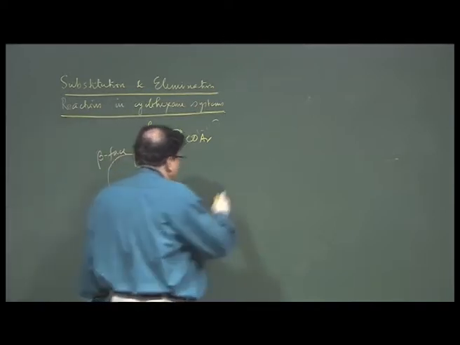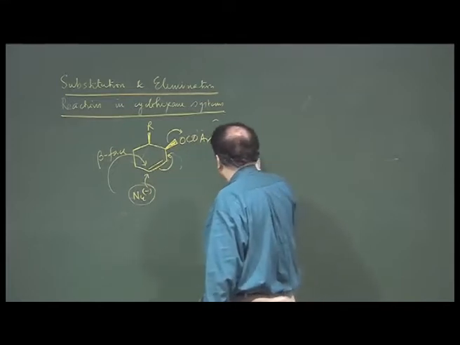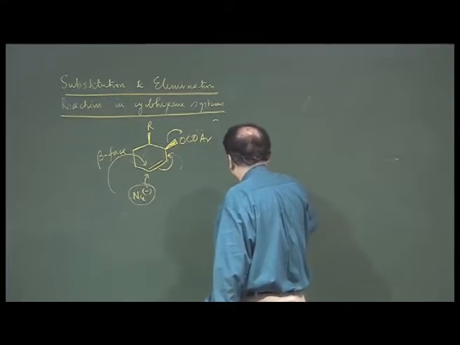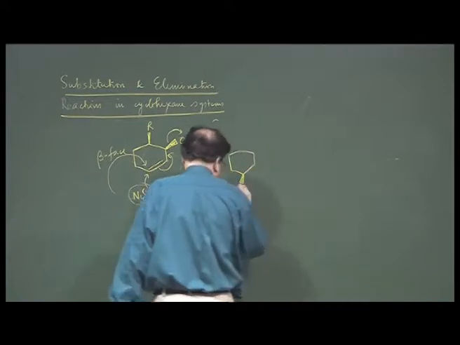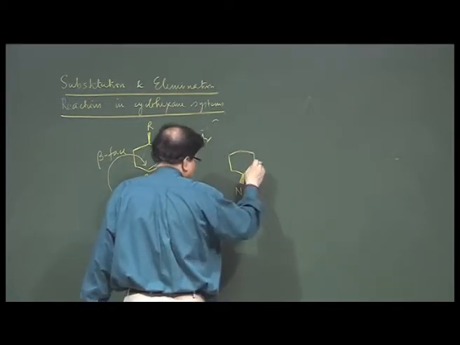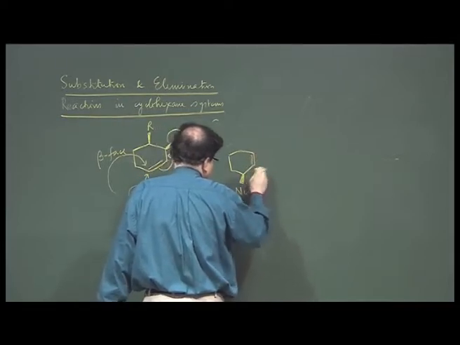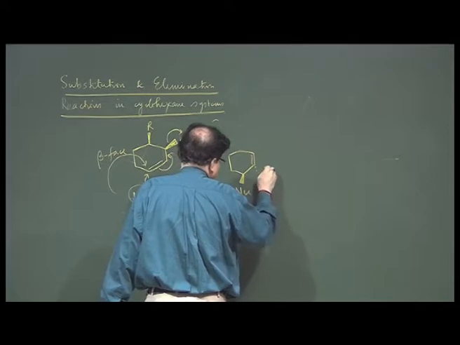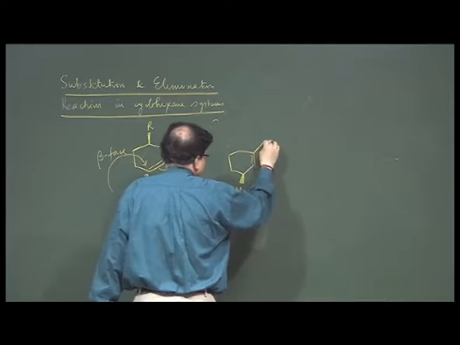If you want to go to the conformational level, without going into the conformation, you can say that if the nucleophile approaches from the beta face, then the double bond is here. The negative charge that is generated will be on the alpha face, and this is beta.